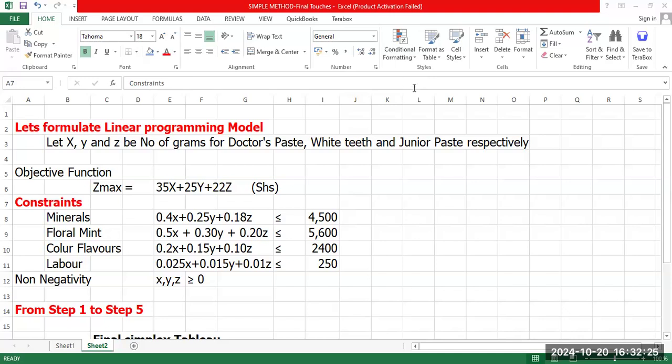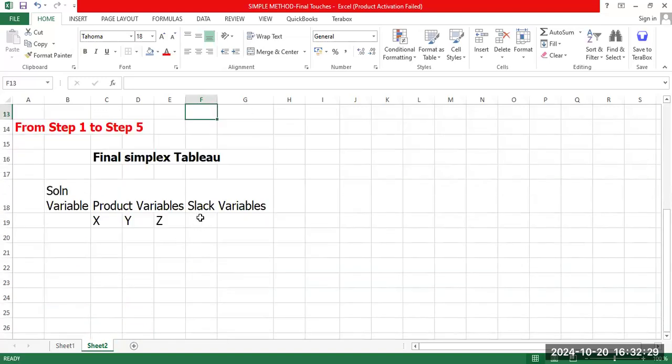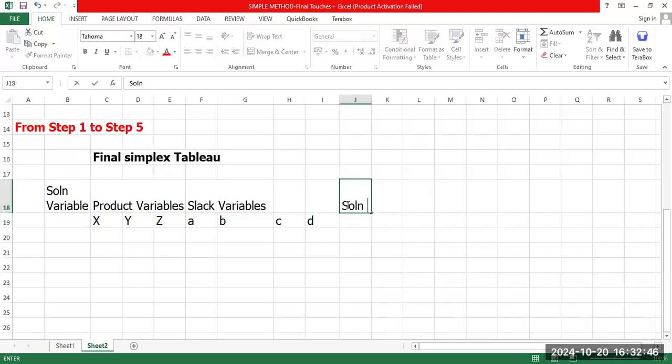So you will define your slack variables based on what you want. Let's say this is S1, and let me use A, B, C, and D. Then finally, you will have the solution quantity.